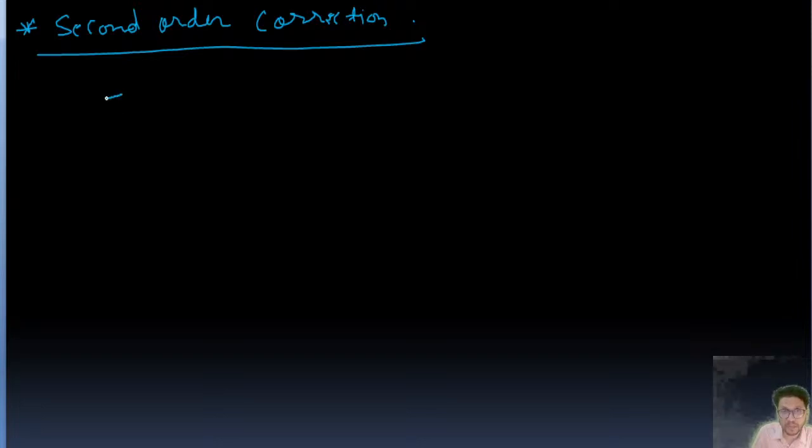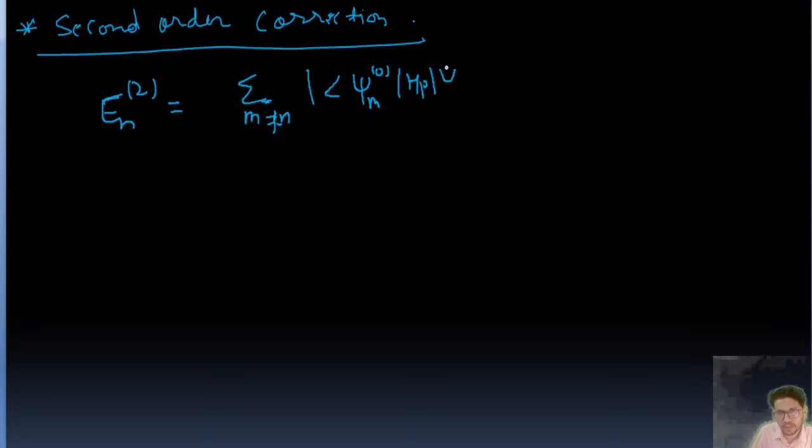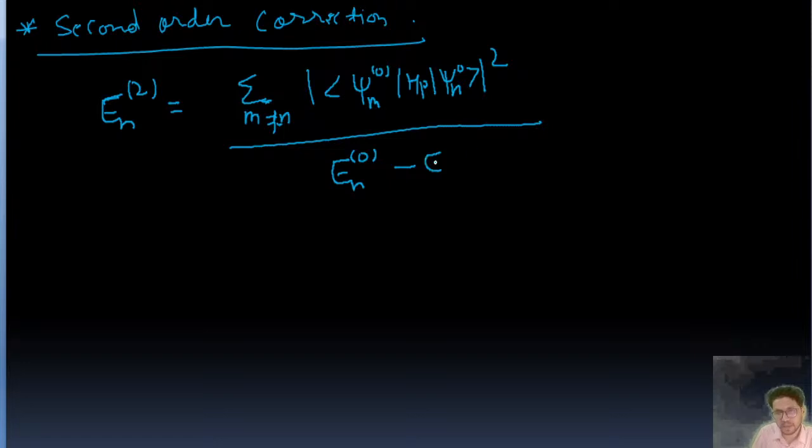Second order correction formula we know, that is E_n2. That value is sigma m not equal to n, and that is mod square of psi m naught H' psi n naught upon E_n naught minus E_m naught, right?